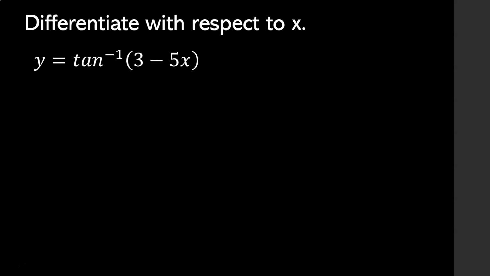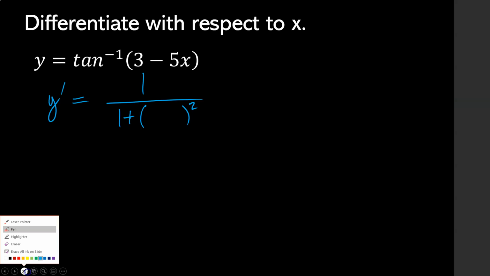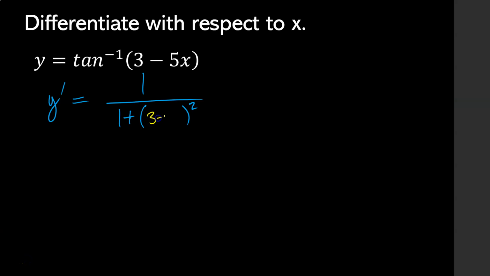Ooh, finally a different inverse trigonometric function. We're still not going to really care what's inside that inverse tangent, at least at first, because the derivative of inverse tangent is 1 over 1 plus the input squared, all in the denominator. What's that input? Oh yeah, something else. 3 minus 5x, which has a rate of change of, I'll just write it this way, 0 minus 5. You don't really need the 0, but maybe just -5.